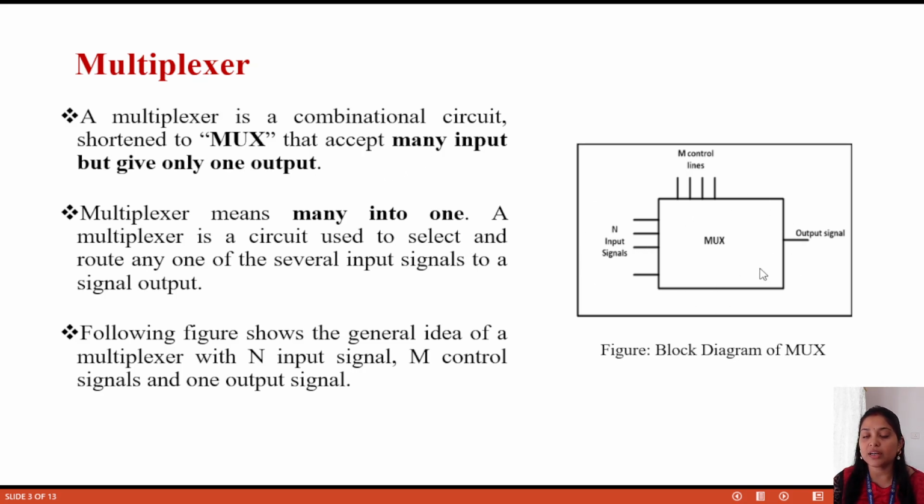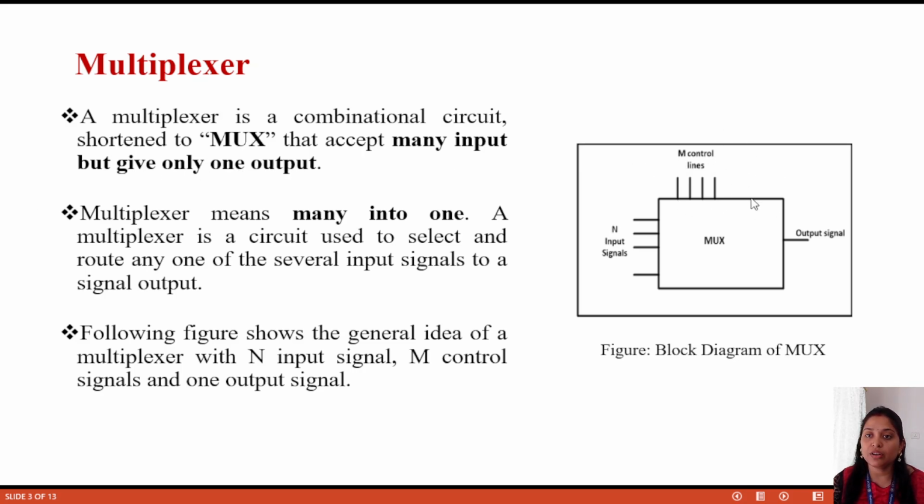In this block diagram you can see there are so many input signals, some control signals, but there is only a single output signal. Multiplexer means many into one. There are many inputs but it gives only one output, okay.